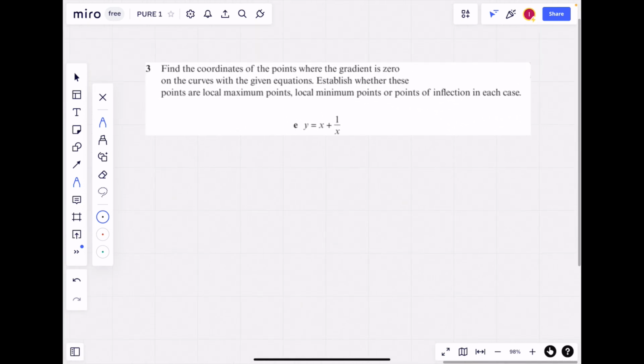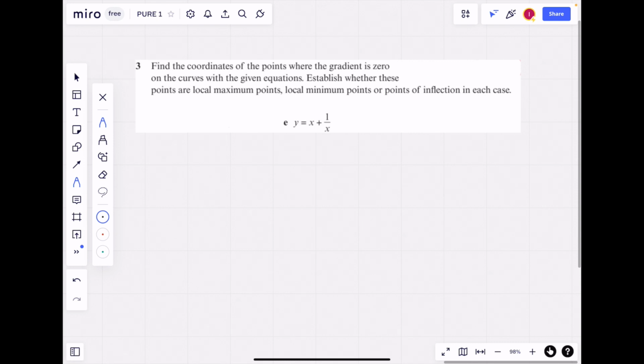So, I want you to try E for me, please. So first off, you want to rewrite y as x to the power of minus 1. You differentiate, and you get 1 minus x to the power of minus 2, or this can be written as 1 minus 1 over x squared.